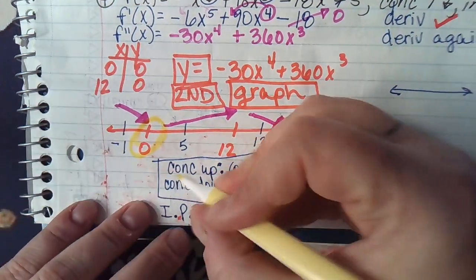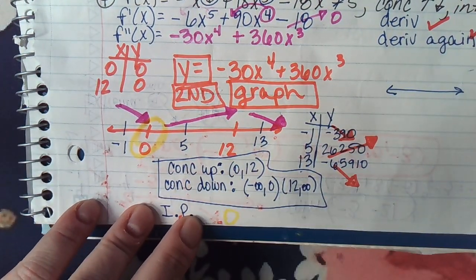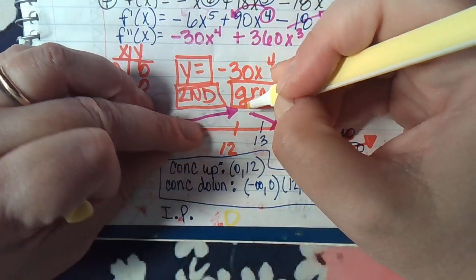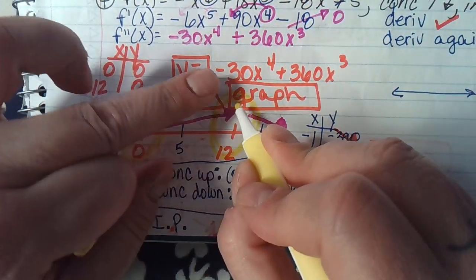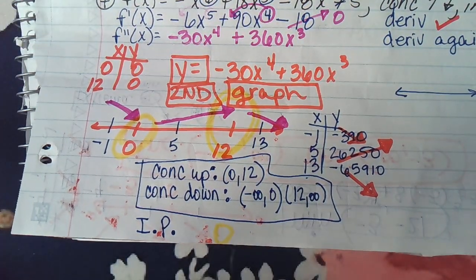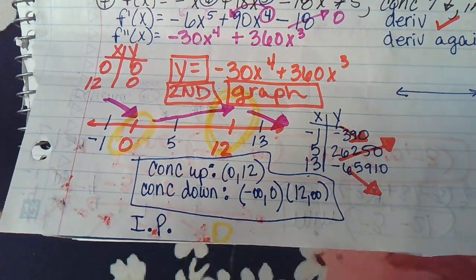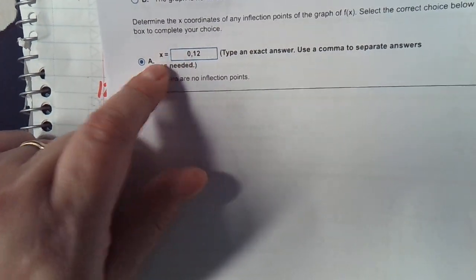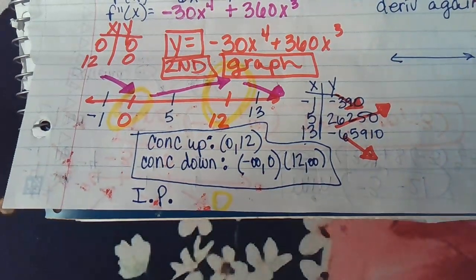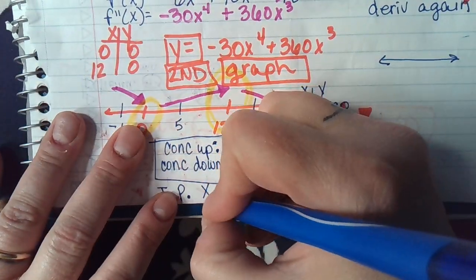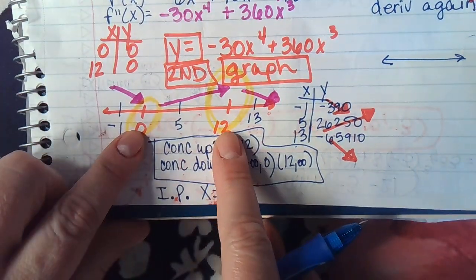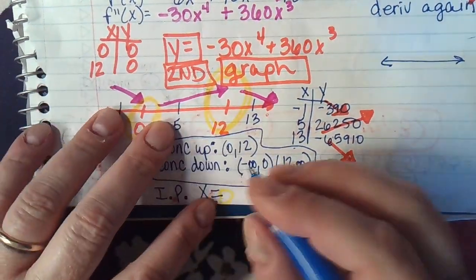So definitely 0. Then we have another inflection point at 12 as we have an up then a down arrow. And on your test, the way you're going to write your inflection point is just x equals those two numbers, 0, 12.